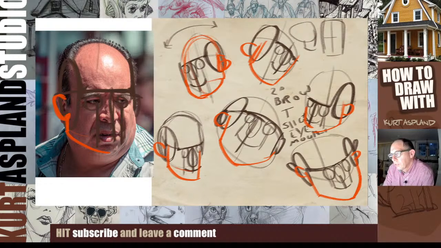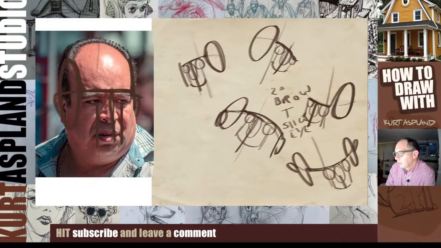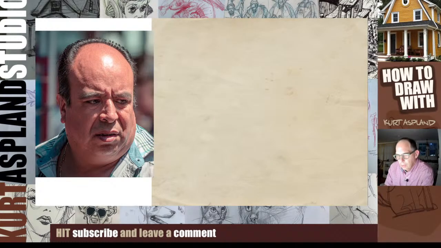Instead, what you want to do is just get accustomed to where all these little pieces fall, and then once you have that in your mind, it's much easier to start to get proportion or to draw the face from different angles. Any questions? Any questions on that?